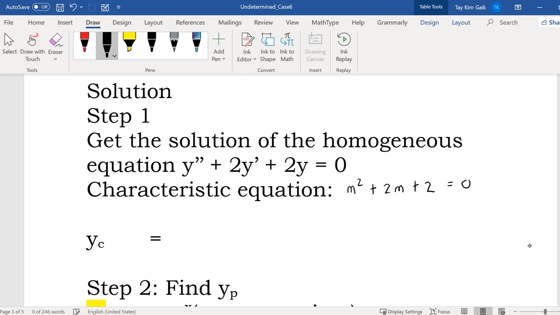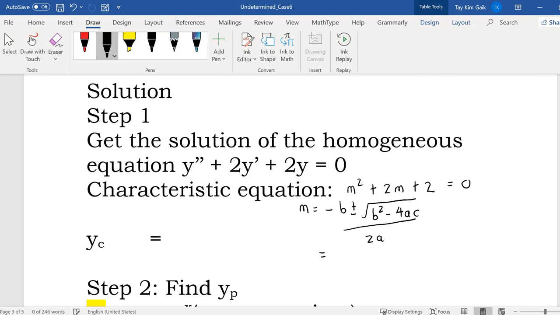In this case, we couldn't factor it, hence you have to either solve it using the quadratic formula or you may use a scientific calculator. First of all, I show you how if you use the quadratic formula. The formula is m equals negative b plus minus square root of b squared minus 4ac, divided by 2a, where a, b, c are the coefficients of the polynomial.